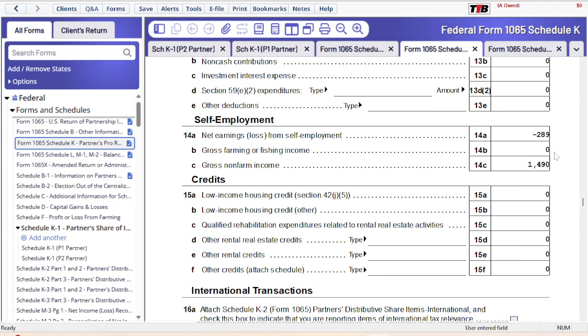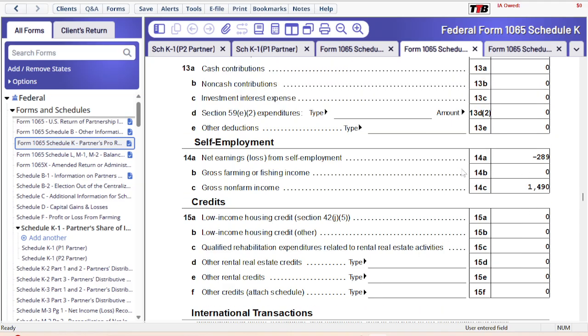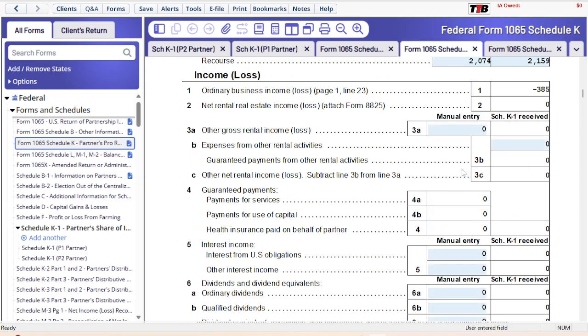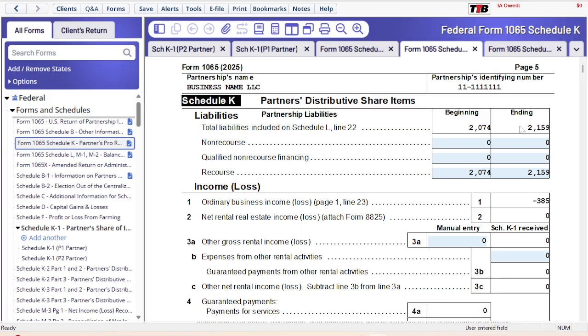It's pulling this information from 1065, page 1. But if you don't have anything on it, and once we complete Schedule L, it completes Schedule K with that information for us, for total liability included on Schedule L, line 22.